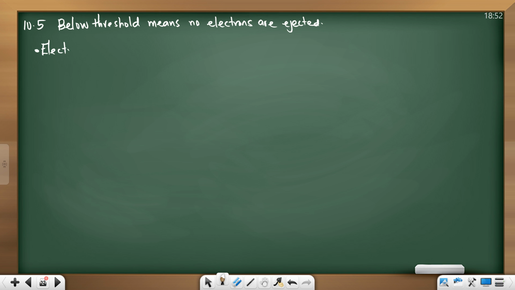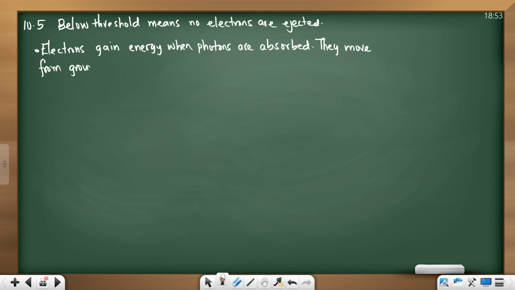Electrons gain energy. Let's write as quickly as possible because time is going to go on us. Electrons gain energy when photons are absorbed. When photons are absorbed, they move from ground state to excited state. That's point one.